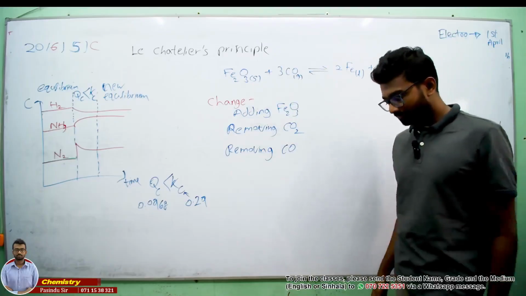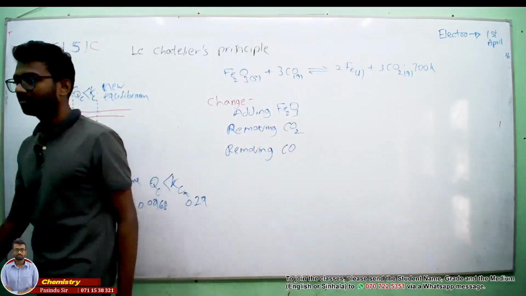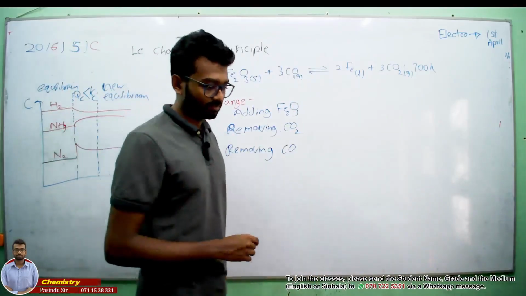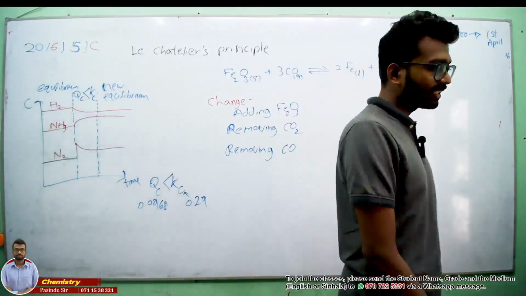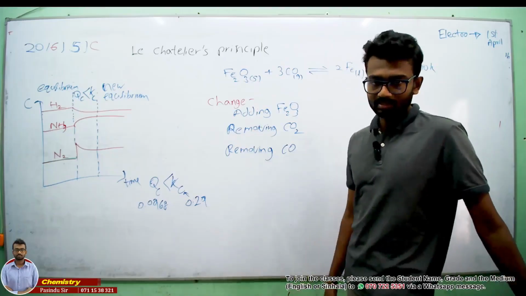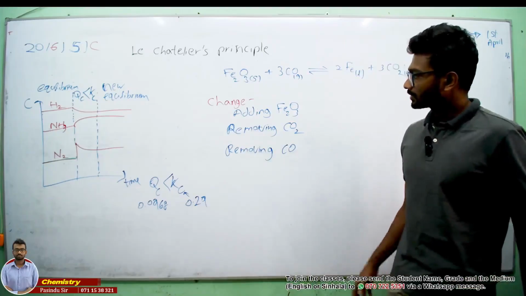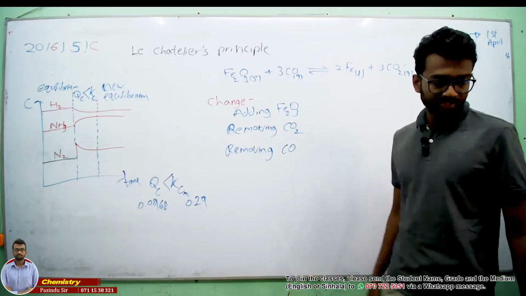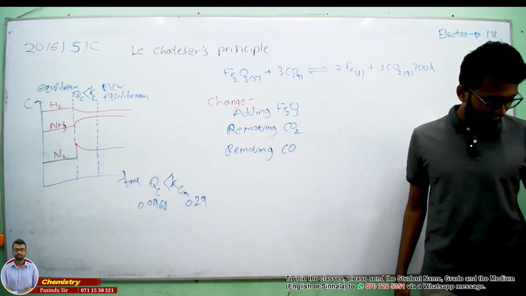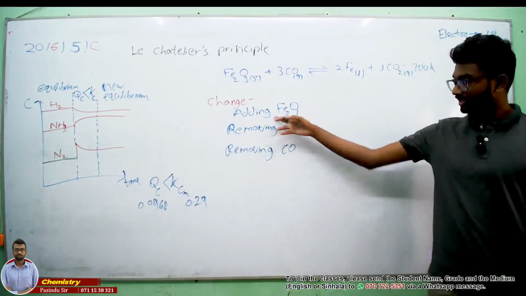Solid doesn't matter. Whatever amount of solid we add, solid doesn't affect the equilibrium. We need some amount, that's it. If it's present, we don't need to care about the solid. Okay? That is not relevant to us. So adding Fe2O3 doesn't affect it.